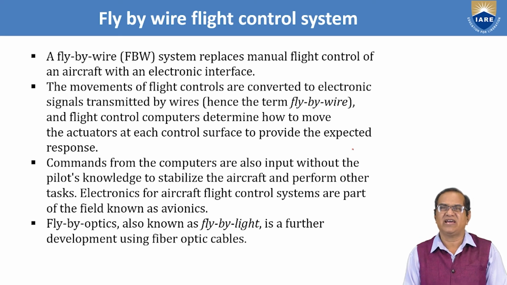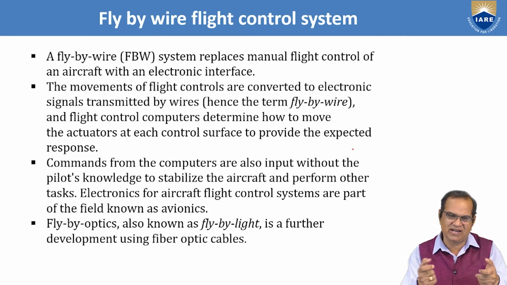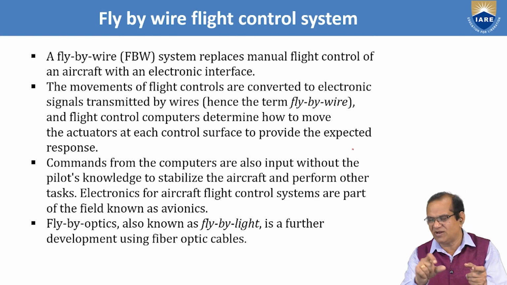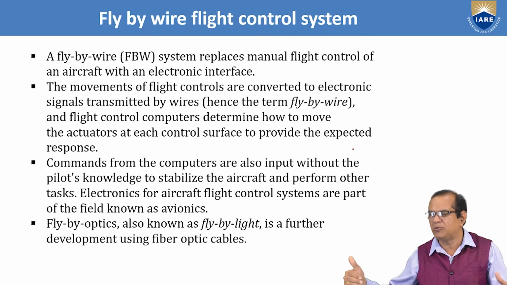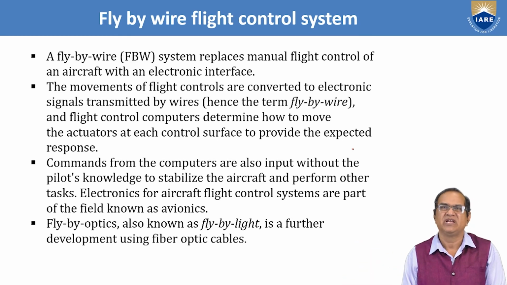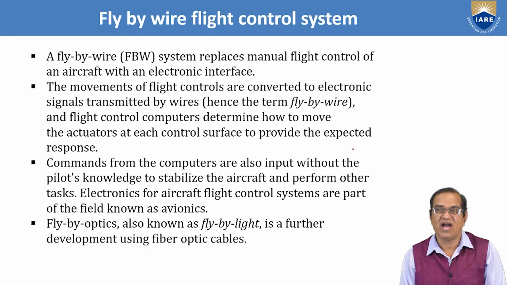A fly-by-wire (FBW) system replaces the manual flight control of an aircraft with an electrical interface. We need electrical wires and switches, and the signal is given to the actuator and the actuator will operate. Here we don't use the push-pull rod and so many other things. The movement of the flight controls is converted to electronic signals transmitted by wire, hence the term fly-by-wire.